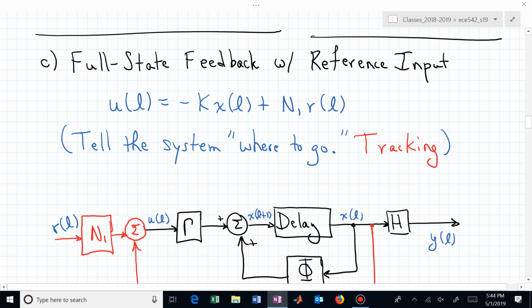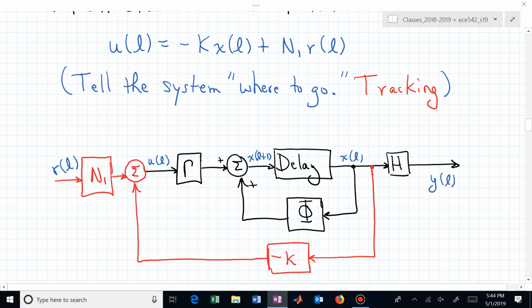The last one didn't have this additional piece, this n sub 1 R of L making up U of L. U of L was just minus K X of L in the regulator problem. Now we can track. Now we can follow or track R of L because we now allow the injection of a reference input.